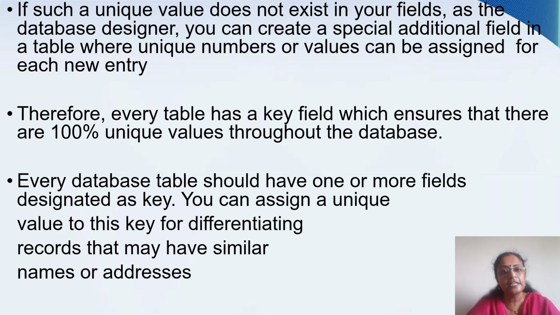So in such a case, we can put in another unique field called ID number. So 1, 2, 3, 4, 5, 6. So it is a unique key. This is basically the meaning of identifying a unique key or a unique value for a particular record.